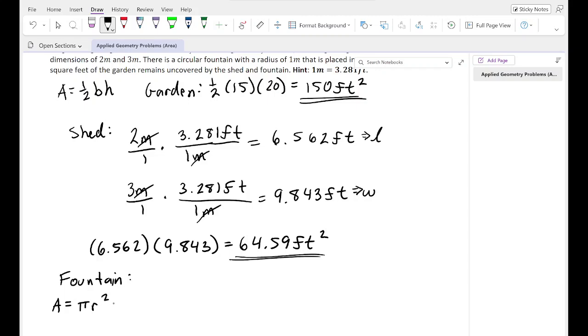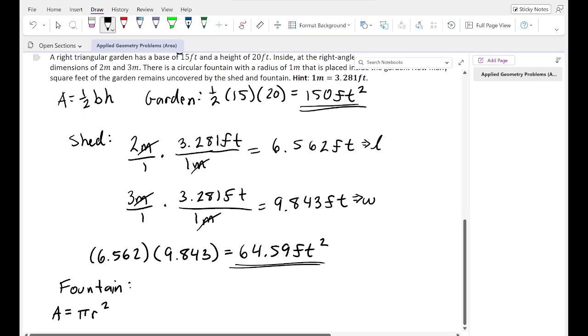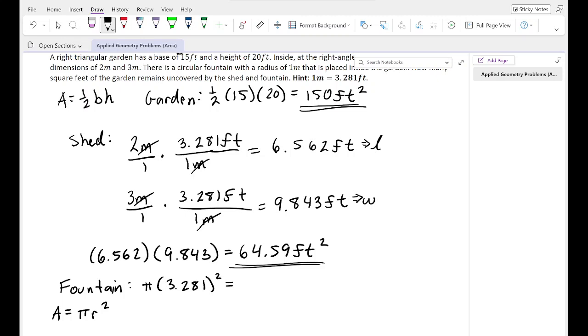And we know that r is 1 meter, and we know that 1 meter is 3.281. So the area here is going to be pi times 3.281 squared. And again, multiplying that in, and I'm going to round to 2 decimal places because it's going to be an irrational number. It's going to give me 33.82 square feet.